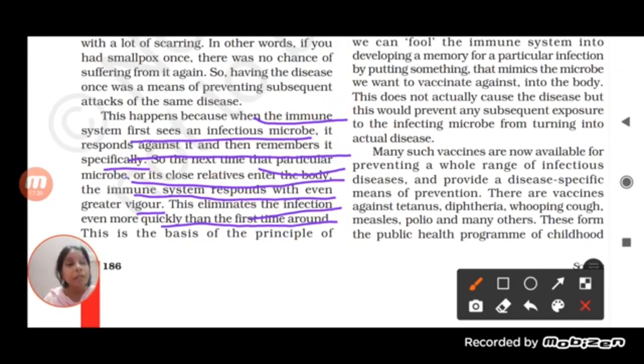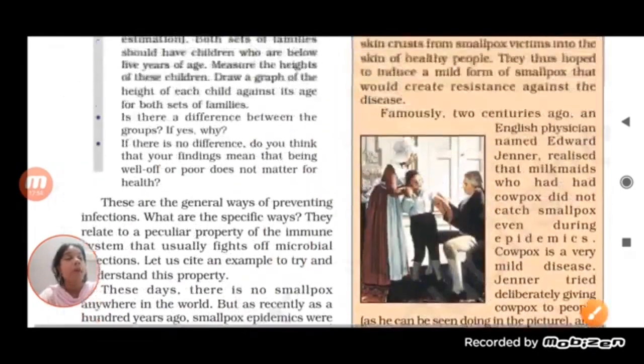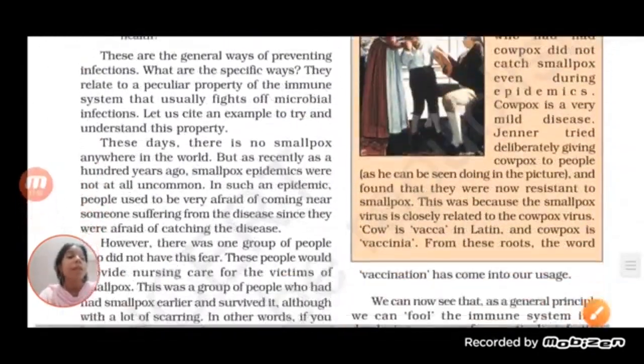What happened? Why is this so? It is because if the next time the same microbe enters, this time our immune system will be ready to fight it and eliminate the infection from the body more quickly than the first time. And this is what? This is the basis of the principle of immunization.